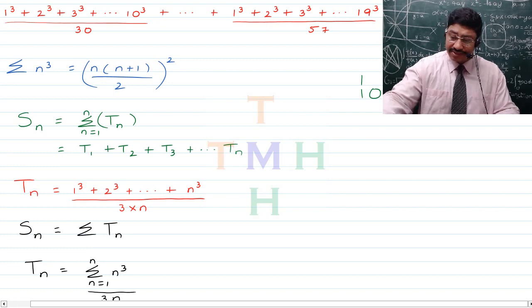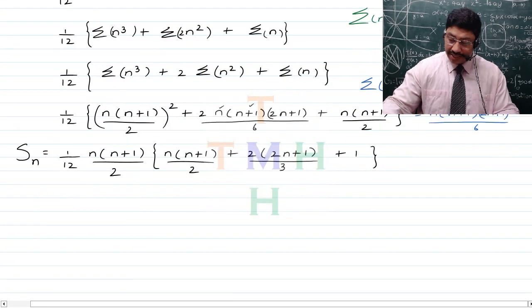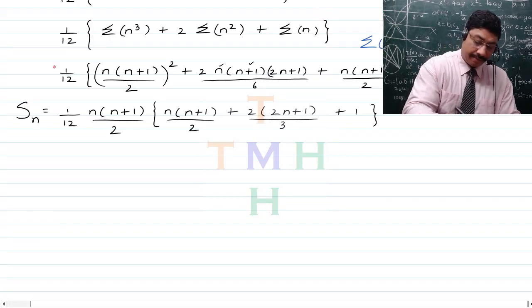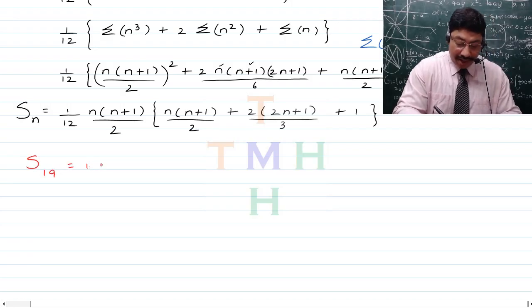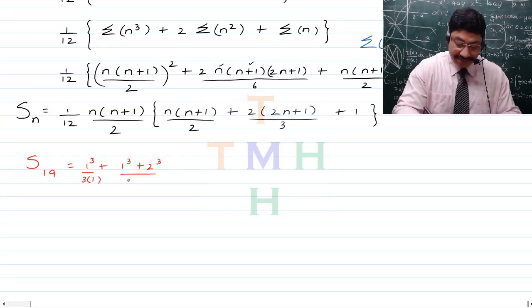So just consider one thing, that if suppose we talk about the sum of 19 terms, then what is it going to be? It is going to be 1 cube divided by 3 times 1, plus 1 cube plus 2 cube divided by 3 times 2, right?